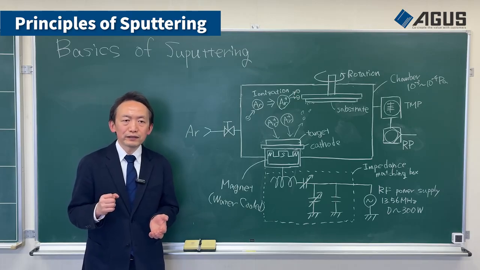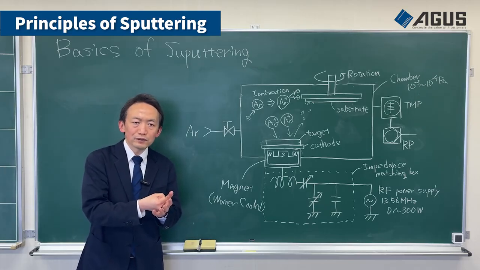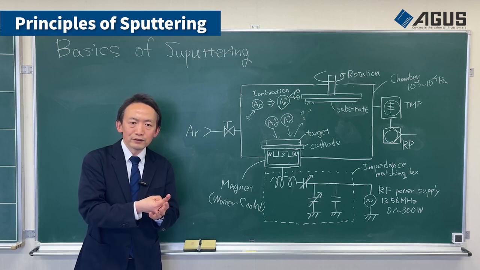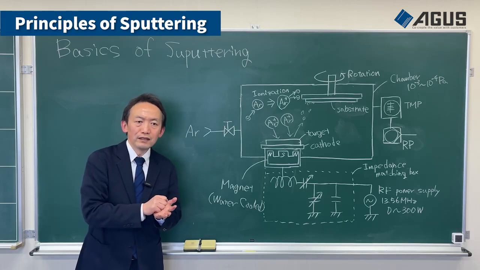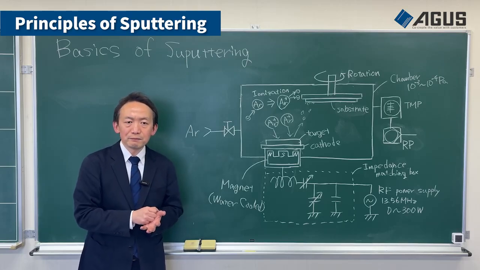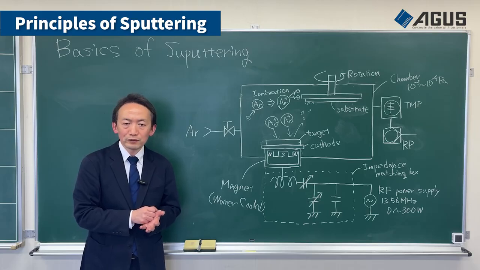Think of it like throwing a stone into a sandbox. The sand that splashes up and sticks to your clothes is like the thin film. This technology has been used in many fields, like semiconductors, since the 1960s.